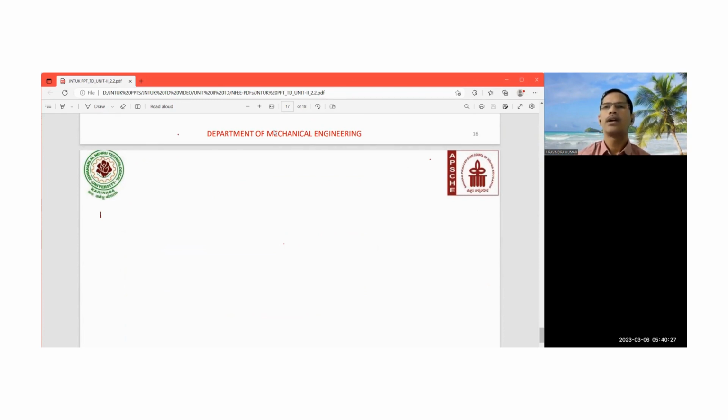The second one is the work transfer relations and heat transfer relations for various processes in a closed system, that is, work transfer and heat transfer calculation when a system experiences energy interaction with the surroundings. So those derivations are covered.